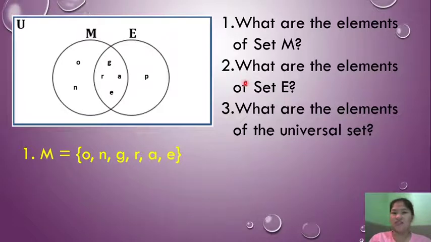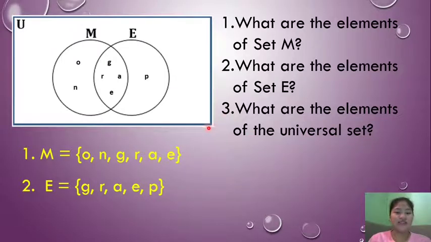How about in question number 2? What are the elements of set E? So we just do the same. Tingnan lang po natin yung circle ni set E. What are the letters found inside the set? So the answer is set E is equal to G, R, A, E, and P. And for question number 3, what are the elements of the universal set?